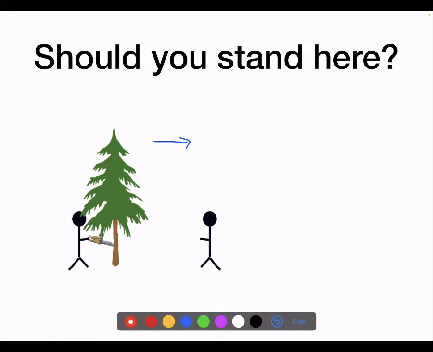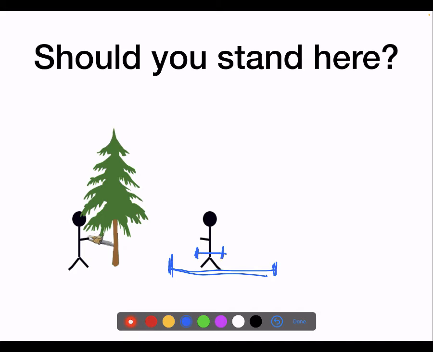And we also want to know how much precision we need around this target location. By precision I mean orders of magnitude. Do we want to know within 10 feet how far or 10 meters how far this tree falls? If you know the tree could land anywhere from here to here and you're in that range, that matters a lot. That would be the accuracy of your measurement, and then the precision is how small it is.